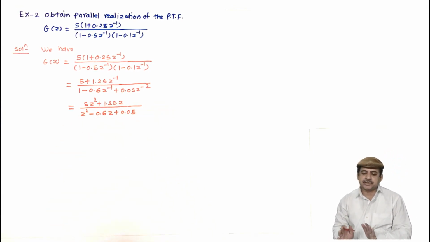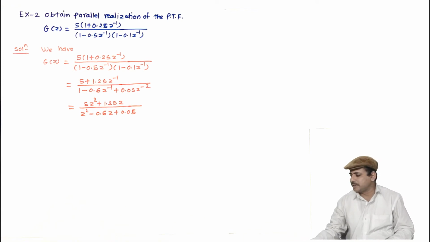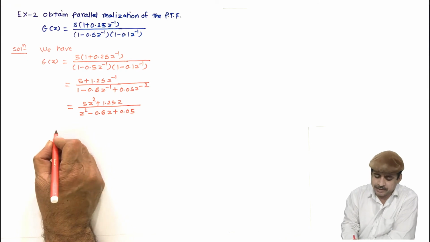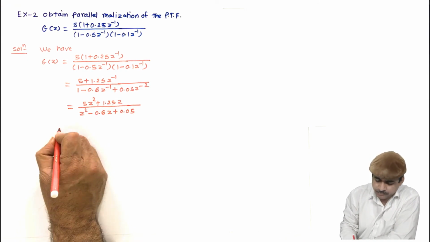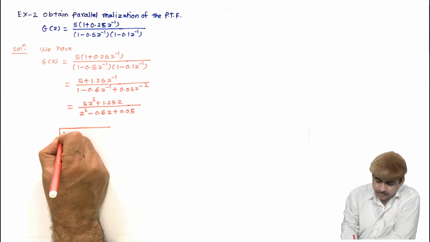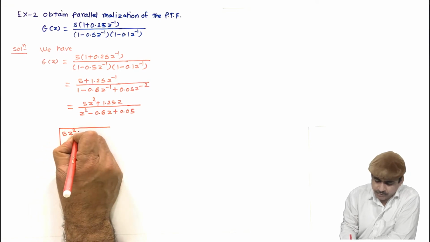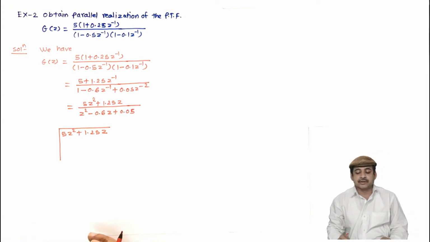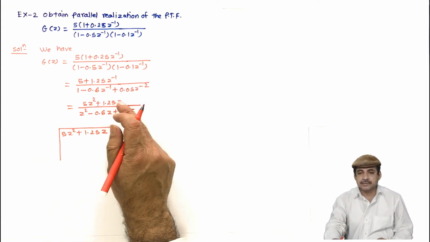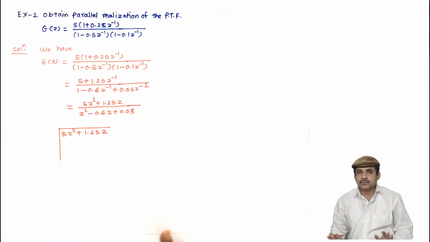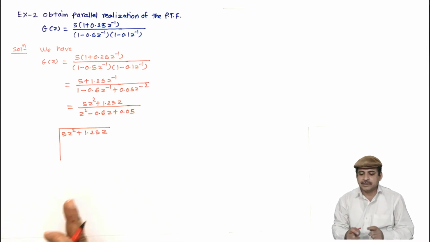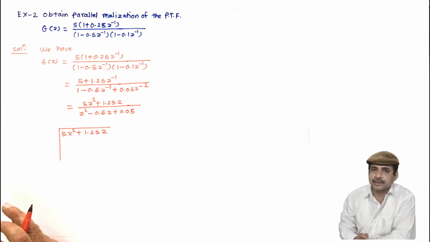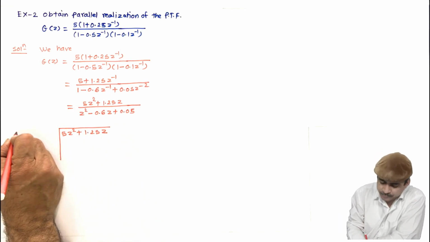And now we have to take partial fractions. But direct partial fractions are not possible because the power of z in the numerator and denominator is equal. So first we have to go for the direct division. 5z square plus 1.25z. Always keep in mind that whenever the power of z in the numerator and denominator are equal, first you have to do the direct division, and then reduce the power of numerator by 1 and then take partial fractions.